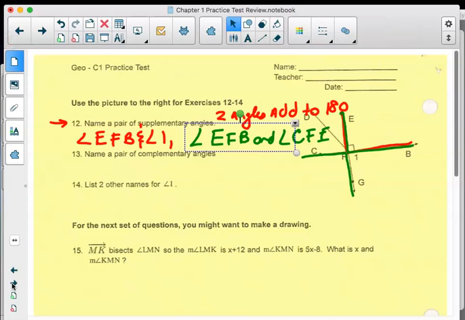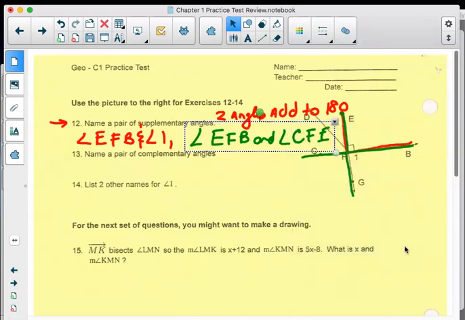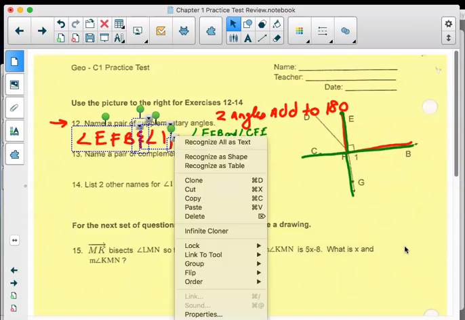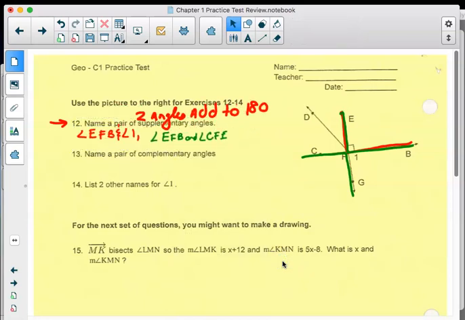I'm going to get this stuff out of my way here because I'm using some space. I'm going to shrink it down a little bit so I can hopefully clear up the other questions that may be arising from this next question. So we're going to pull those over, and that's supplementary, and we're going to clear up my diagram. Name a pair of complementary angles.